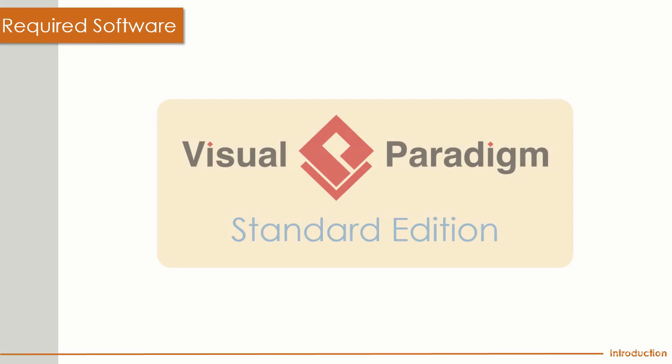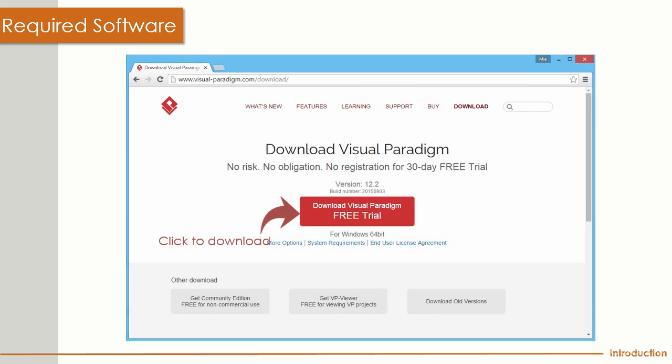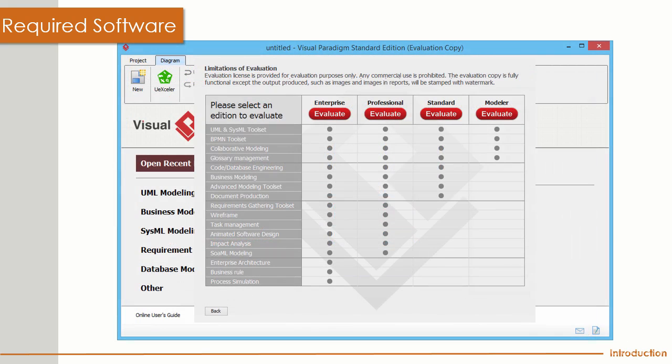And in this training course, we need the following software. We need the Visual Paradigm Standard Edition. And you can easily get a 30-day free evaluation. So you just go to www.visual-paradigm.com/download to get the software. And when you run Visual Paradigm, you just need to select the Standard Edition.